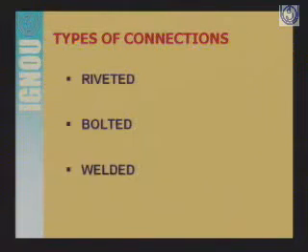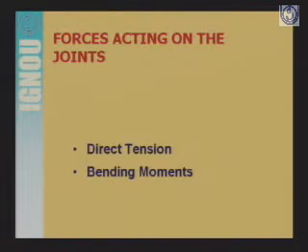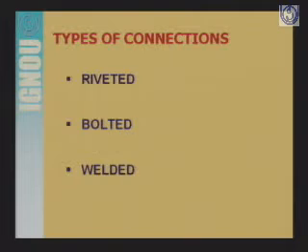Now the question arises: what types of connections are there? Based on the different devices used to make a connection, we can divide connections into three categories. First is the riveted connection, in which we use rivets.